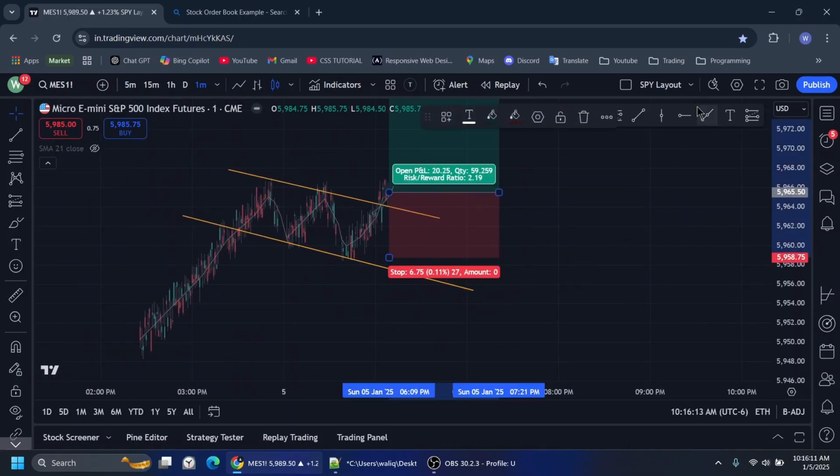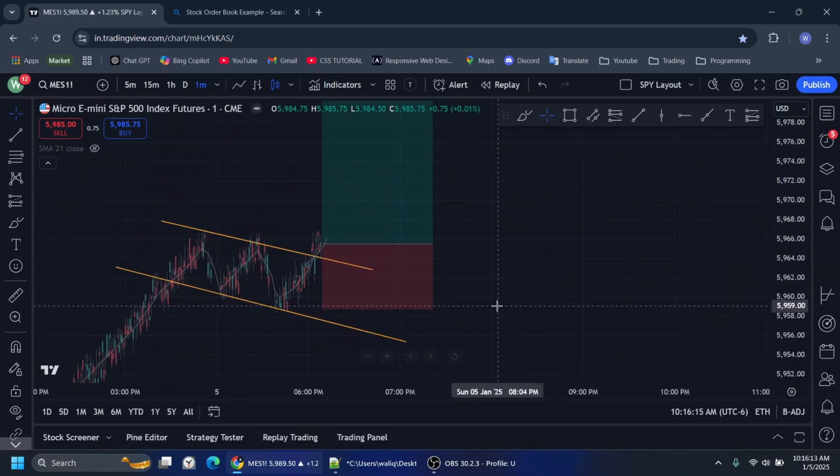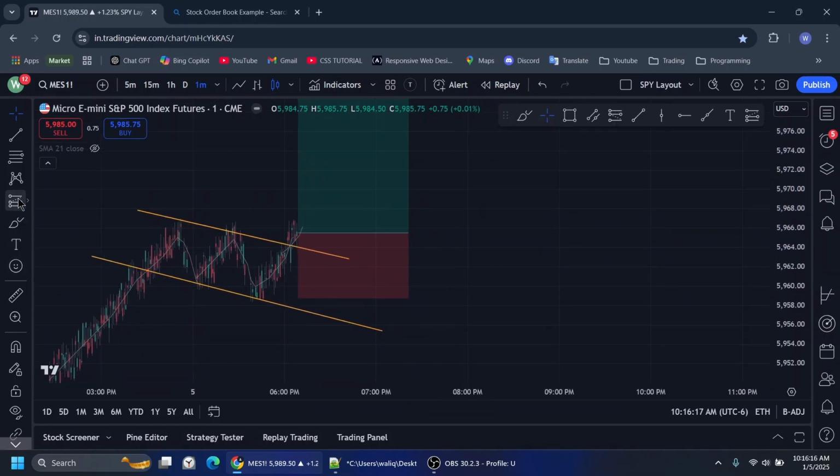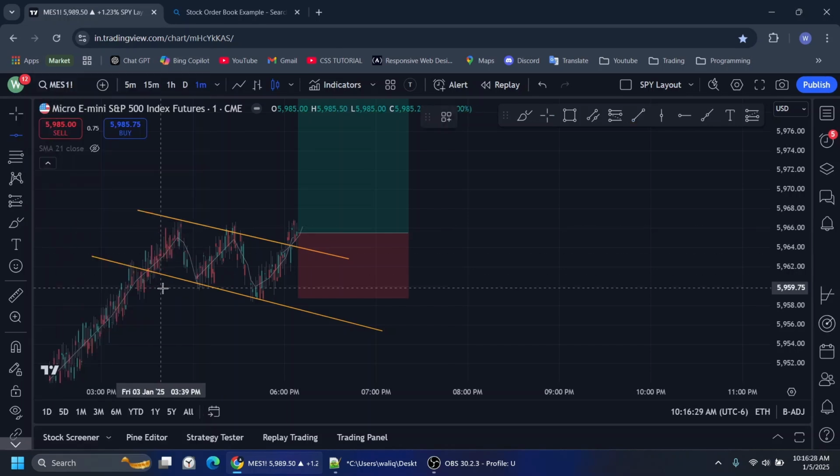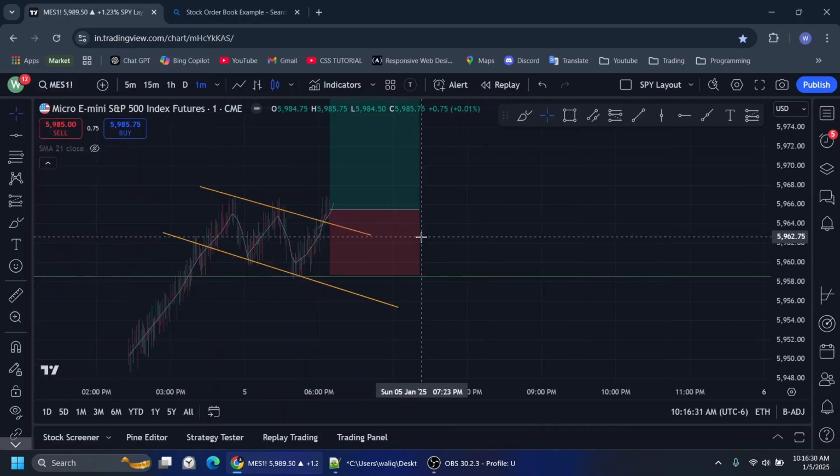Let me just log this. And then what they're going to do is, so remember, our thousands of stop losses, thousands of them actually, are right here at this level, right?